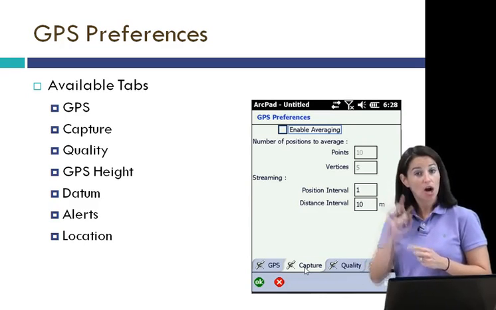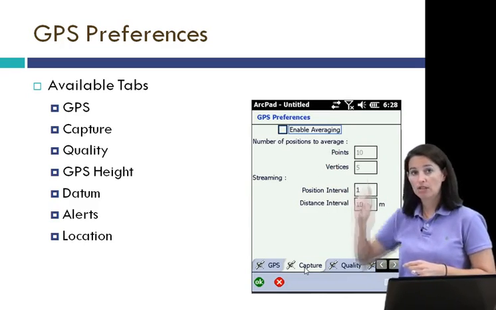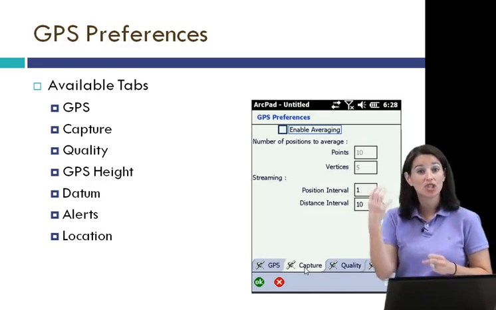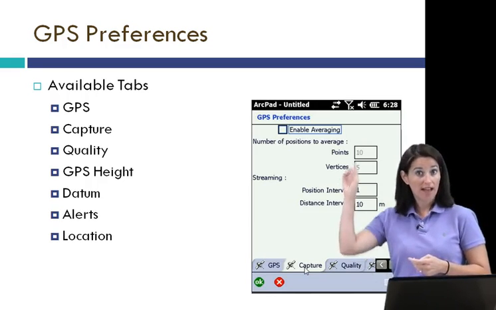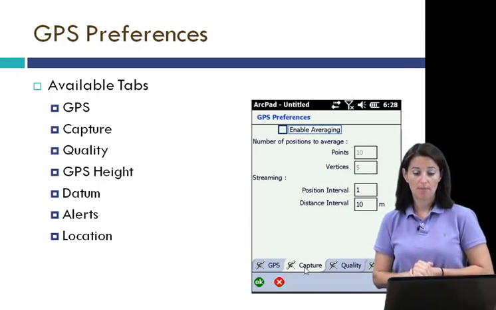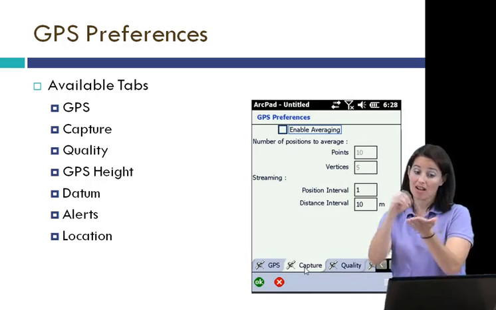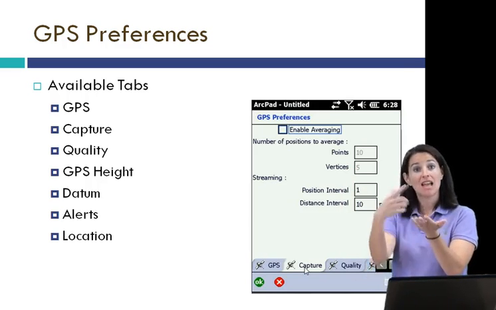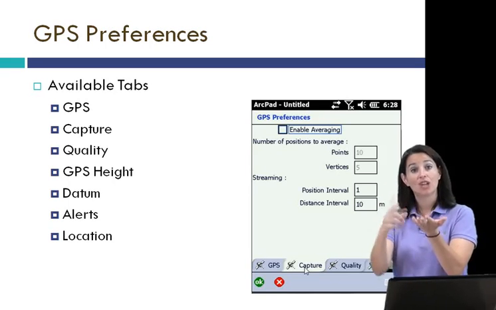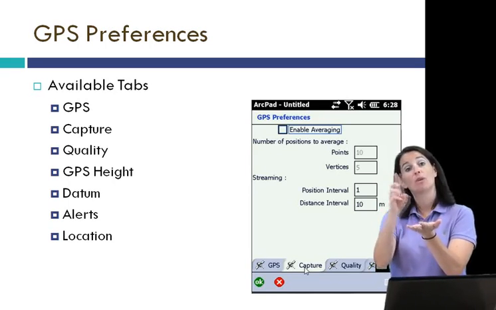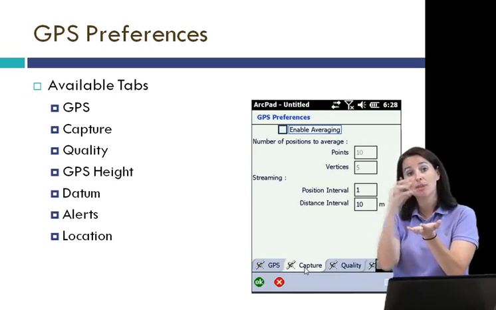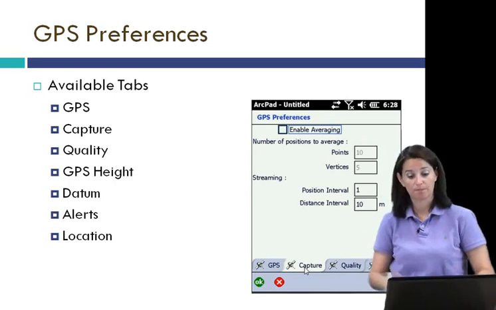If I check this box, then I can say how many points or vertices I want to average together to create my point. If I have it on 10 for number of positions to average, when I go out and collect my light pole, I'm going to see it count up percentage-wise. It's going to grab 10 positions, and then it's going to average them together to create my one light pole.